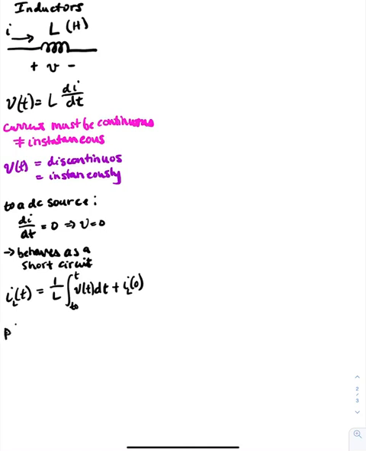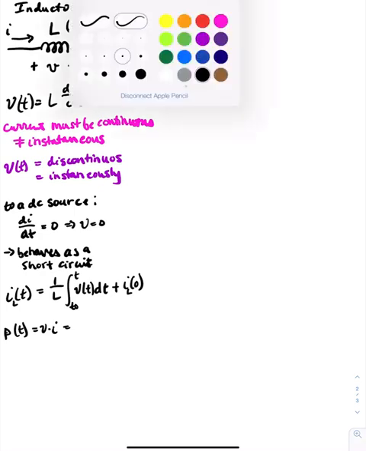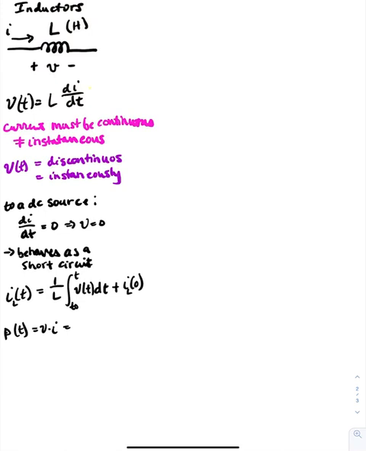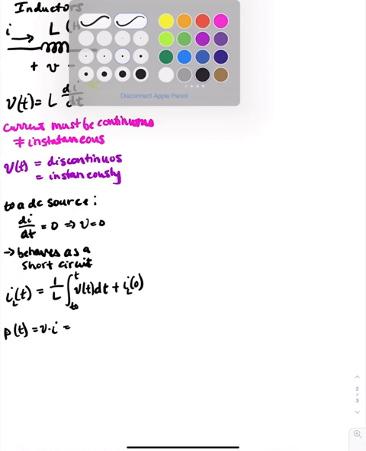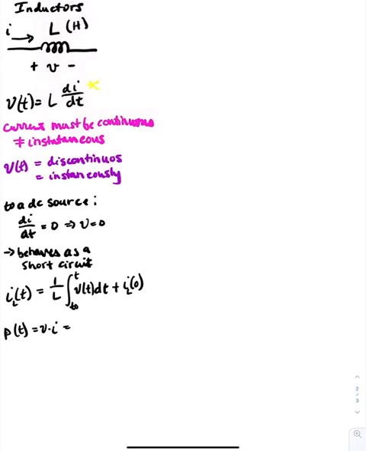Power is expressed as voltage times current, and so we will be using this equation here. So that is L i di dt.